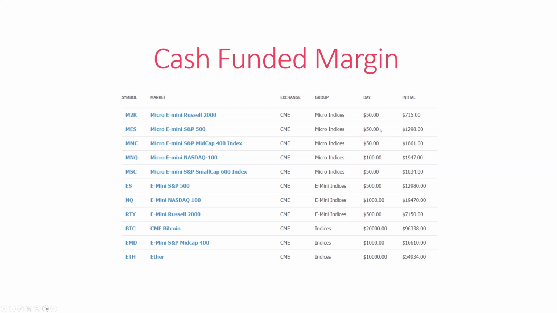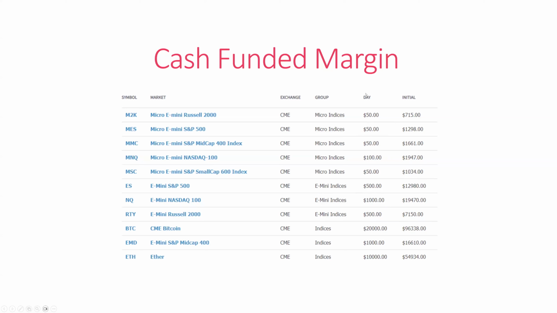I believe for TraderVate you need a minimum of $250 or $500 just to get started, but you need at least $50 to buy one lot of MES. NQ, on the other hand, is $1,000 minimum to buy one lot.